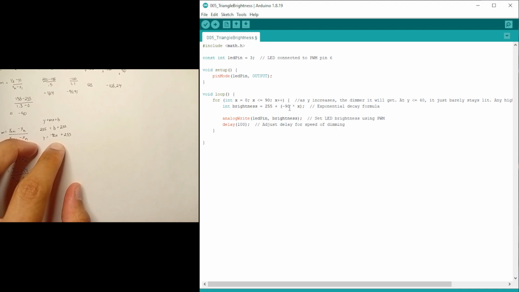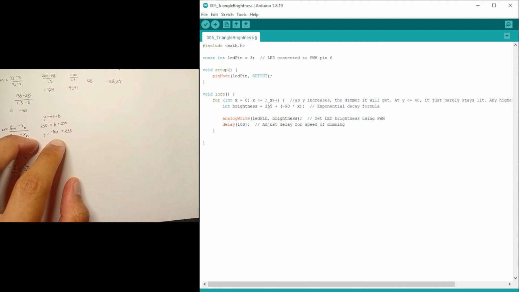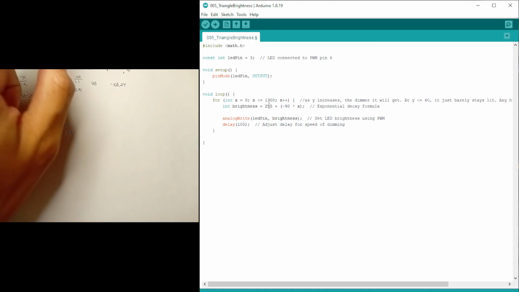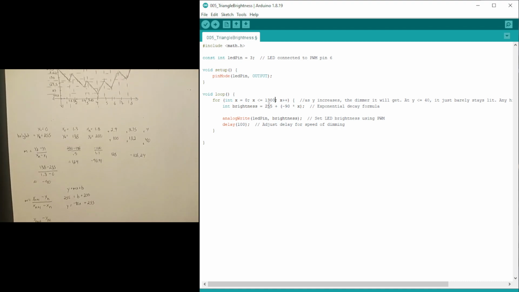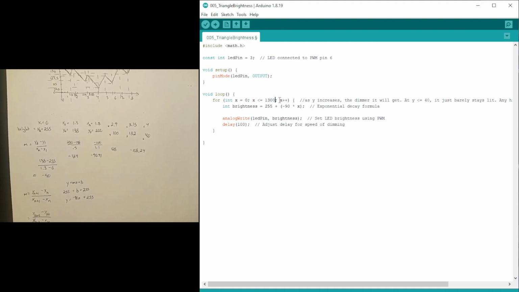And that is the equation that I have. It's because x should go to 1300, because that is in milliseconds. We wrote the graph in terms of seconds, but the program takes it in terms of milliseconds, so that's why it's 1300. And it's going to do that for, I don't know. That controls the speed somehow, so let me figure that out.